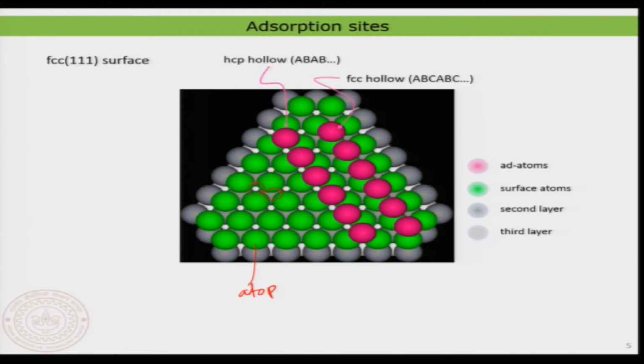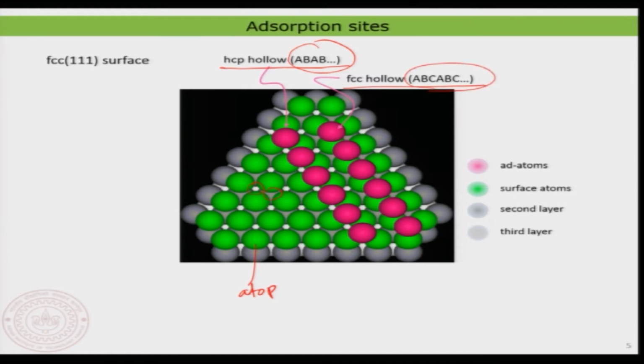And these two sites can both be occupied by atoms, and they are known as the HCP hollow site and the FCC hollow site. This is something you might have studied in previous classes or earlier solid state related courses, where the HCP site is known as AB type packing, and the FCC site has ABC type packing.